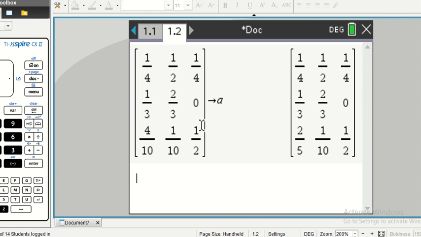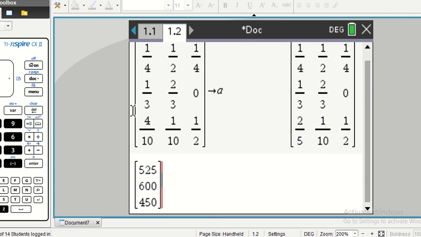And we're going to store that matrix as B.